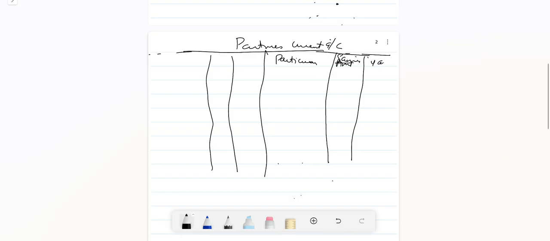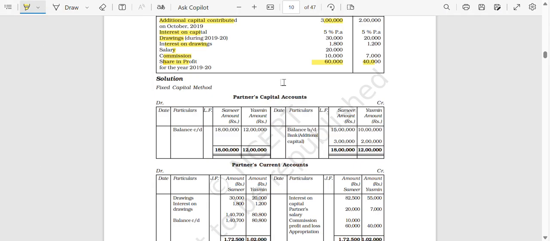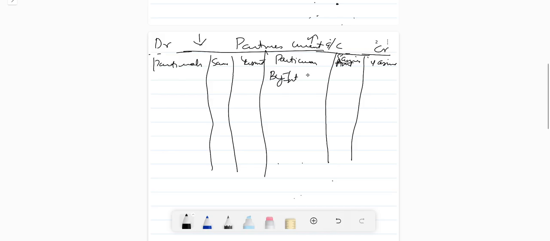Samir, Yasmin, particulars. So here also it's the same thing. If it is an increase in capital, it will be on the credit side. Decrease in capital, debit side. Okay. So first is by interest on capital. We'll see the adjustments first.